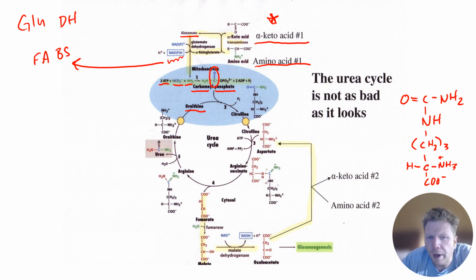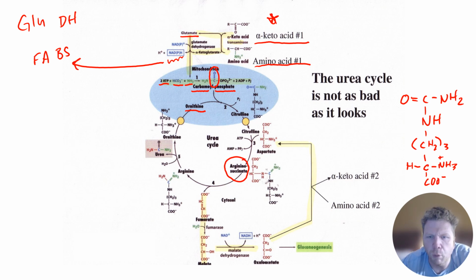That is going to react with aspartate, and in an ATP-dependent fashion, it's going to produce arginosuccinate. So we have citrulline and aspartate coming together to make arginosuccinate.